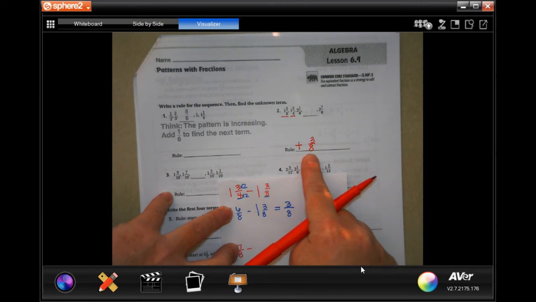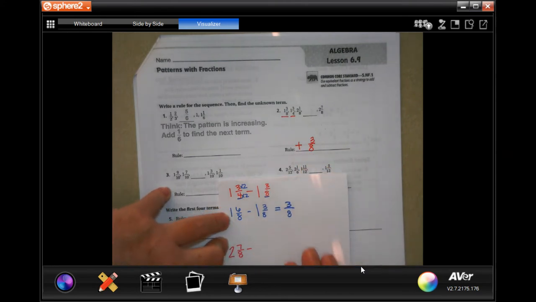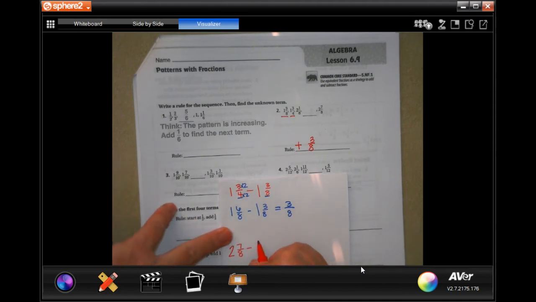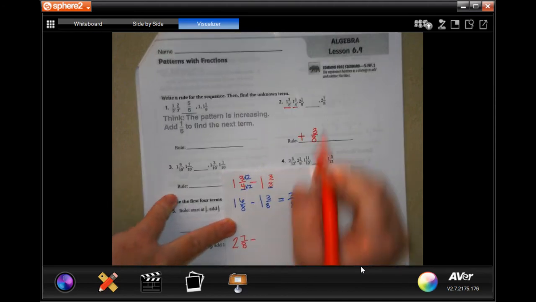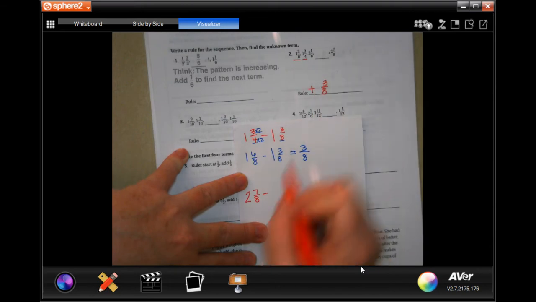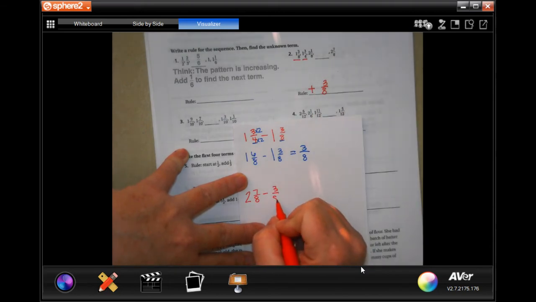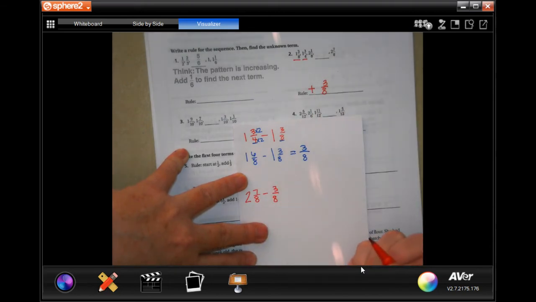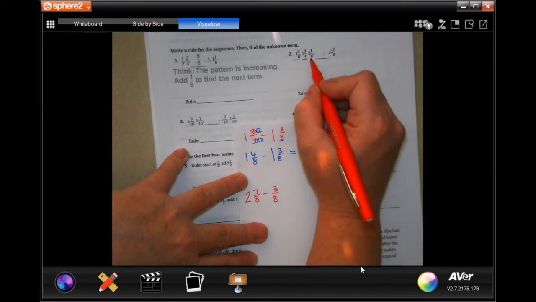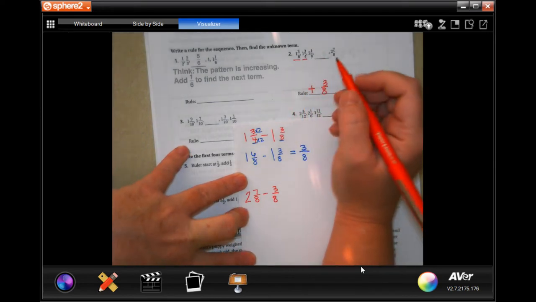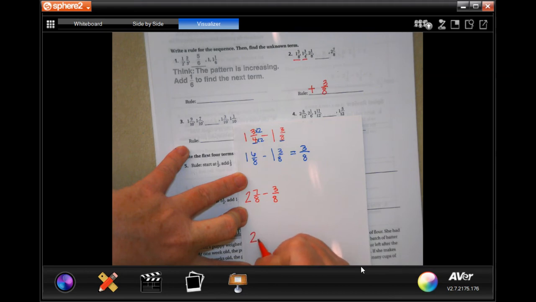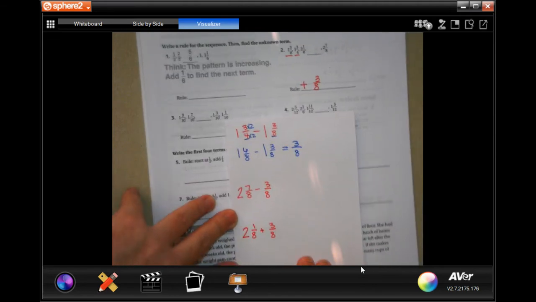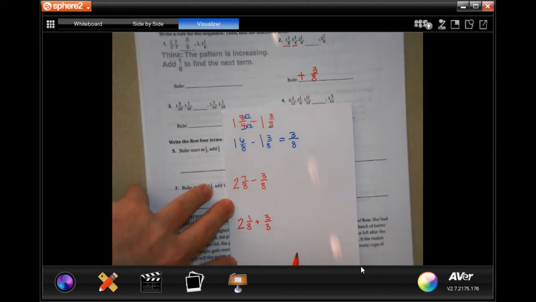That's our rule. So I can either take this number and subtract 3/8, which I can totally do, or I can take this number and add 3/8. Either way, it's going to get me where I need to be.